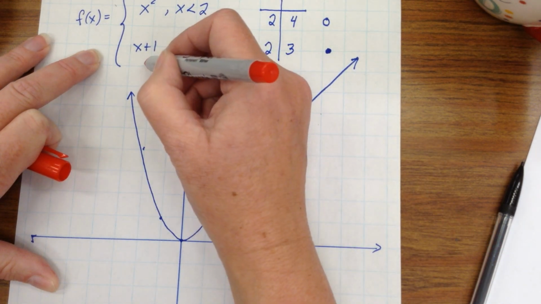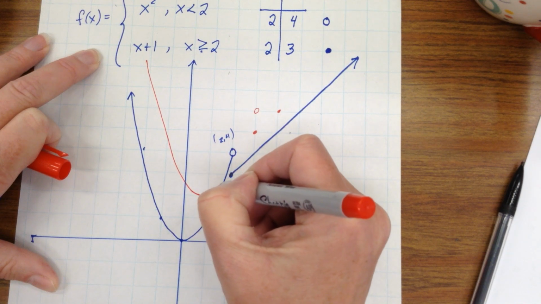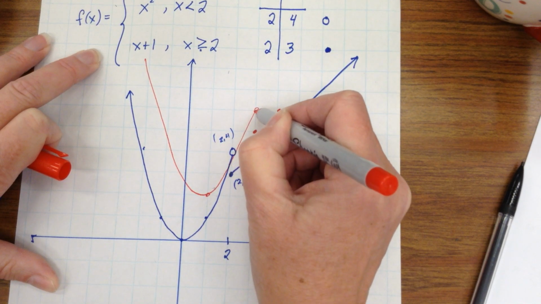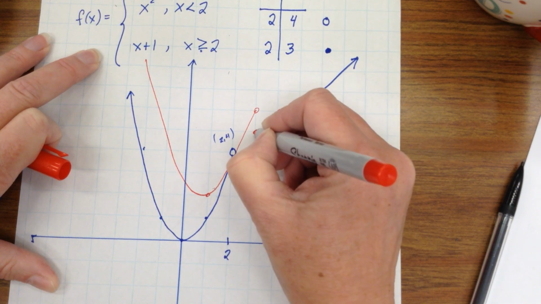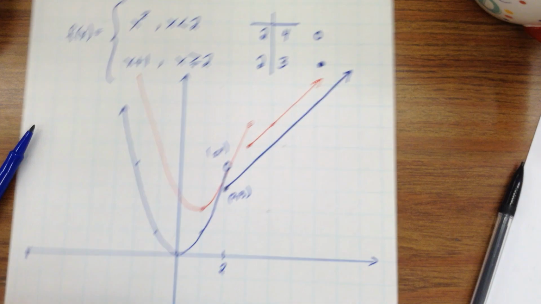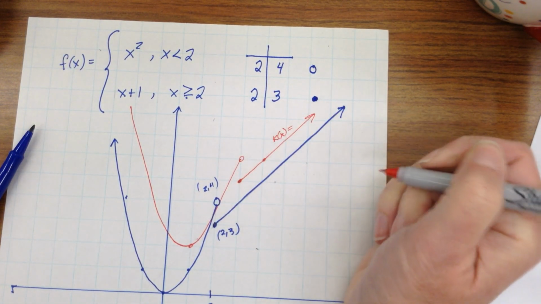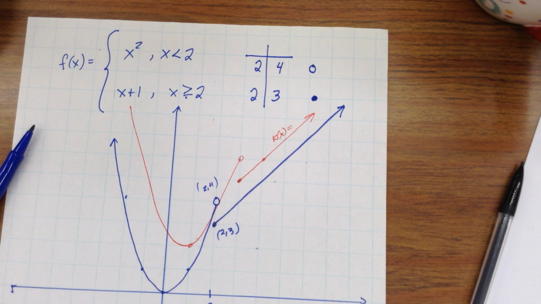And I could sketch this out, and I'm kind of moving quickly here. And this red graph would be my k of x, which is f of x minus 1 plus 2. Well, that was pretty easy.